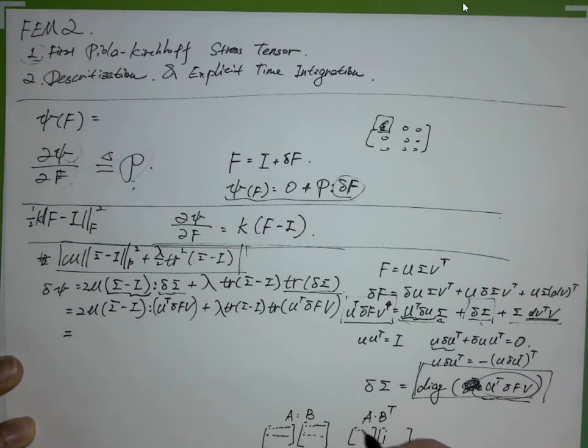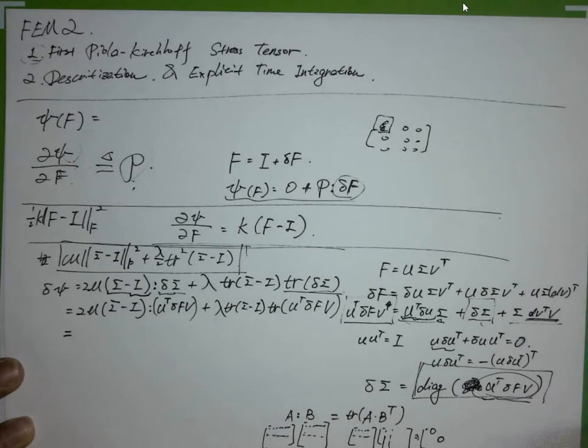So this will be the first row of A and the first column of the B transpose matrix. They are exactly the same, and that becomes the first element of the sum of the multiplication of those two matrices. And I can do the second diagonal element too. It becomes the second row multiplied by the second column in B transpose. So A double contraction B is simply the trace of A B transpose.